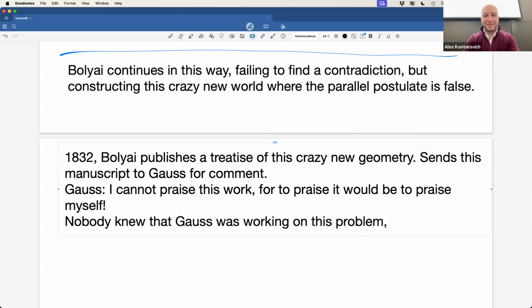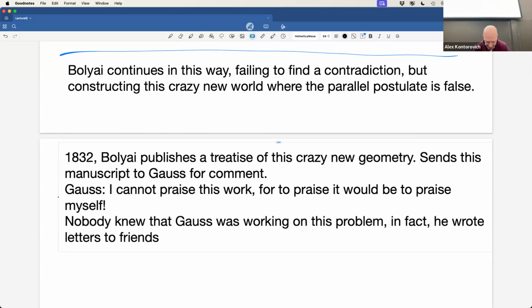But in fact, he wrote letters to his friends, confidants, and as early as 1824, he has letters that say things like, I'm discovering this crazy world, and he writes why he doesn't release it.